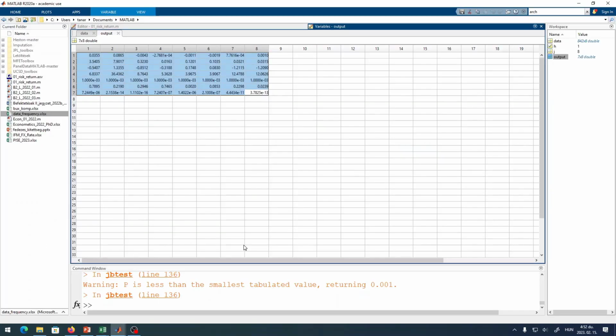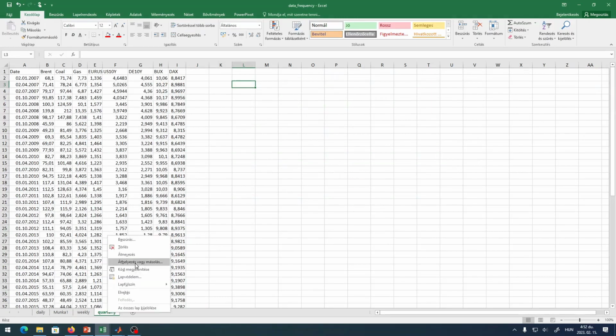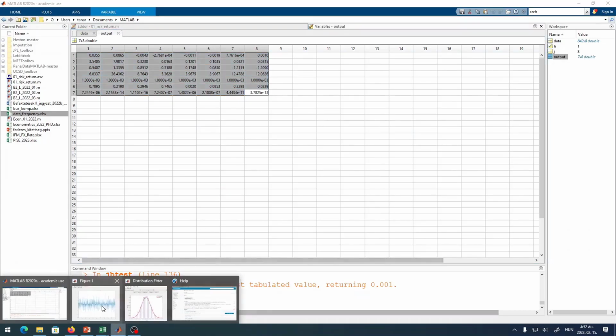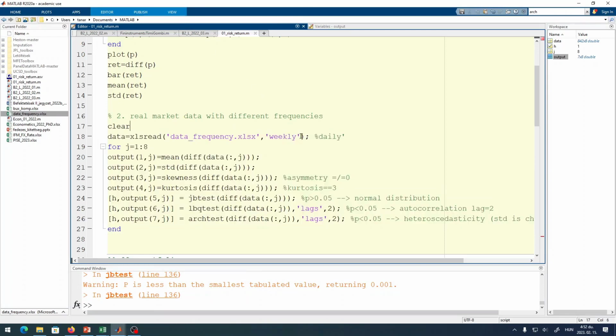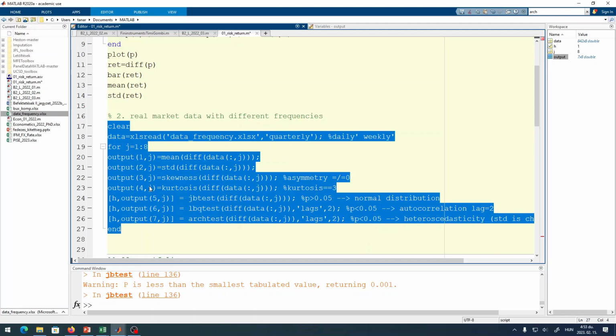And if we are moving to the lowest frequency, so quarterly data, we can see that it will be much nicer.